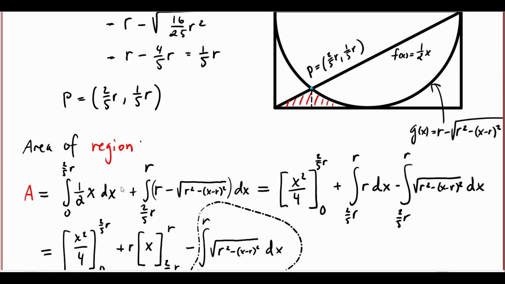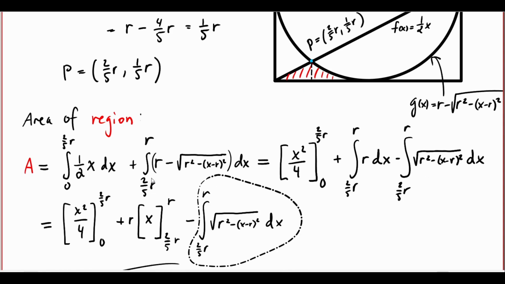So the area, the red area A equals, we have to compute the integral from 0 to this x value of the intersection point here. So from 0 to 2 over 5r. And then the function is this one here, f of x, so 1/2 x dx. And then we have to add the other area, which is this one here.